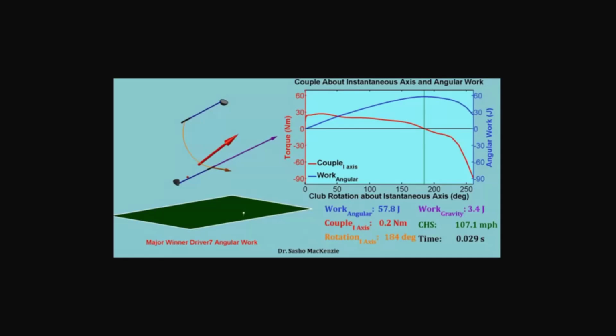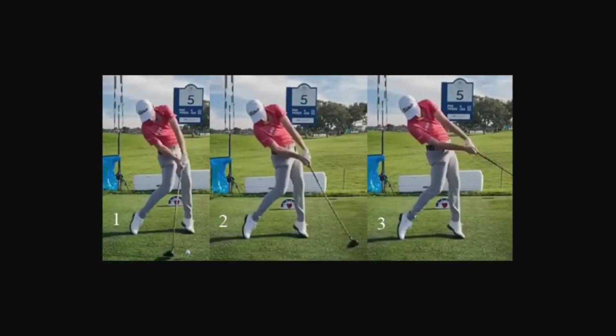And this is an image of Will Zalatoris. So here's Will Zalatoris at impact. Here he is at about P7.4, and there he is at P7.7. Now, as I mentioned to you, during the late downswing between P6 and P7, the trail forearm remains supinated.